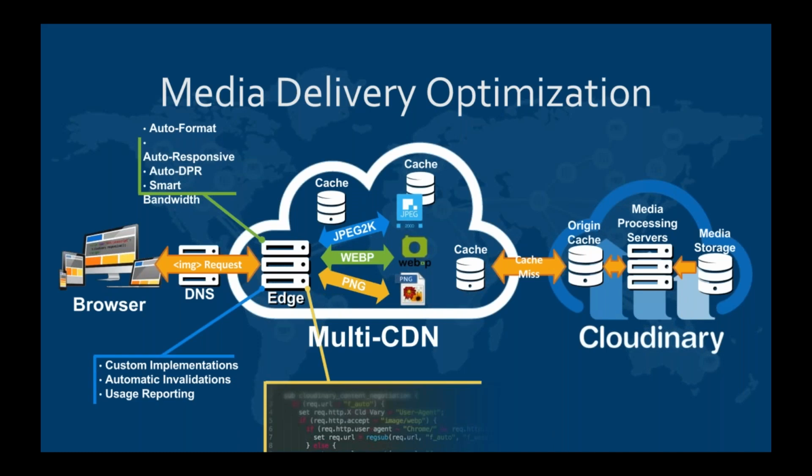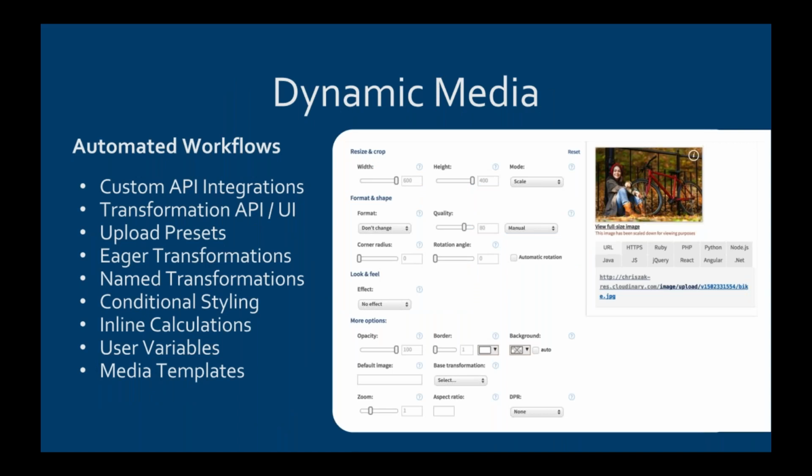This is just a visual representation of how the optimization and the delivery happens. And here we have the dashboard. Say you have a designer, or a non-technical person that needs to be able to manipulate your images and your assets. We have a very quality dashboard where you can change all the characteristics of the image that you want to.